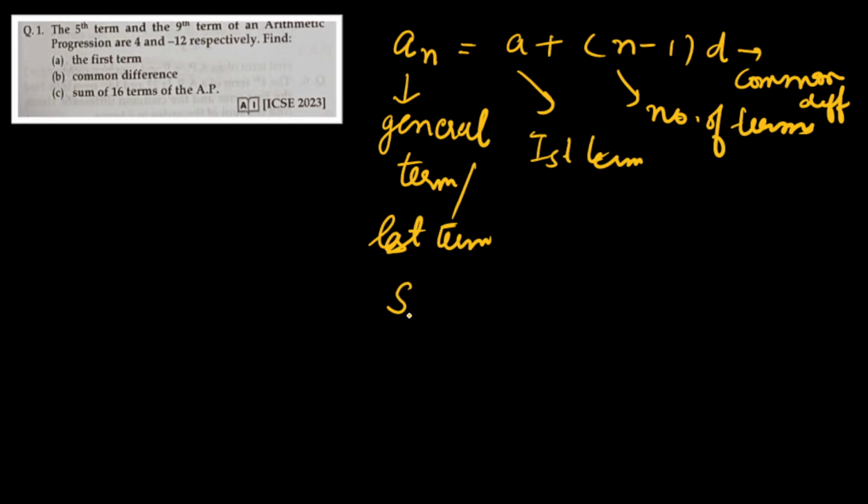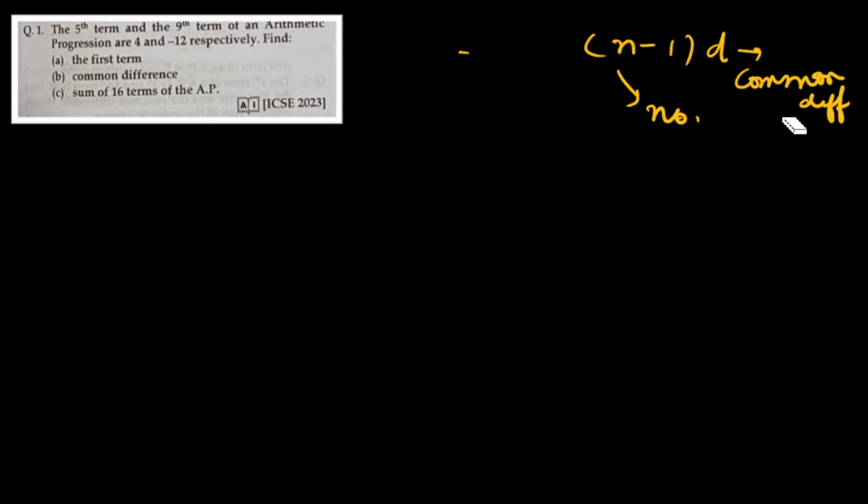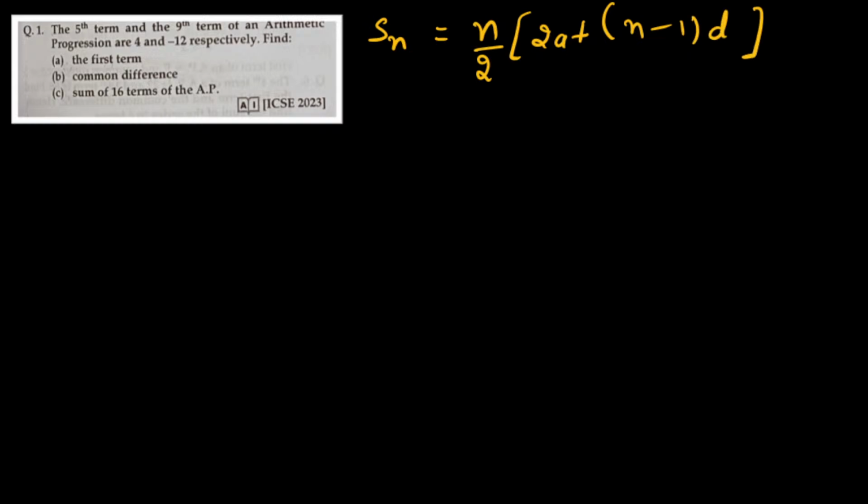Then we have to use Sn formula. So for Sn, that means sum of n terms, we have two formulas. Sn is equals to n by 2 into 2a plus n minus 1 into d. One more formula is there where last term is given to us.